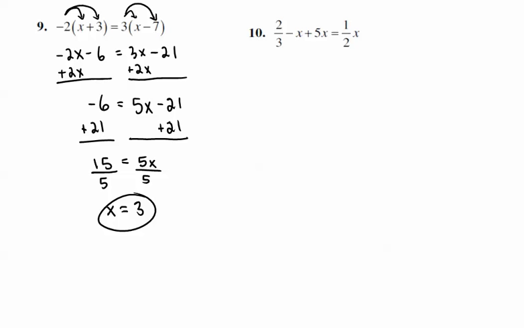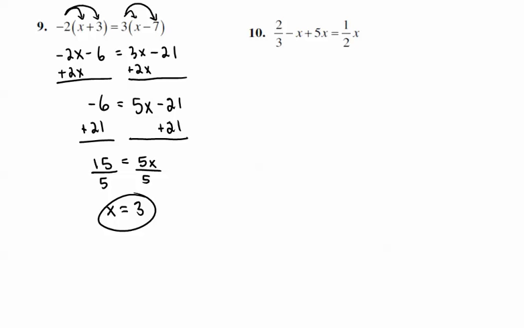All right, with problem number 10, we have a little bit of complication here because we have fractions. And this one is not as simple as one of the earlier ones we did, where we can just multiply both sides by, well, I mean, we could do that. We could multiply both sides by the reciprocal of 1/2, which is the x term, and multiply both sides by 2, but that's not going to clear all the fractions out, and I won't go through that to show you.